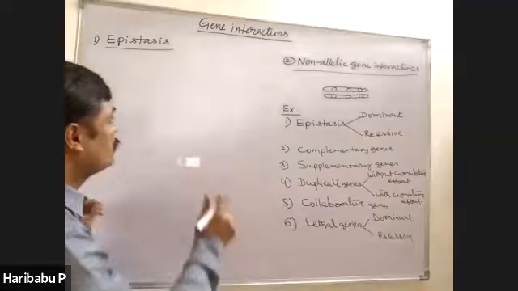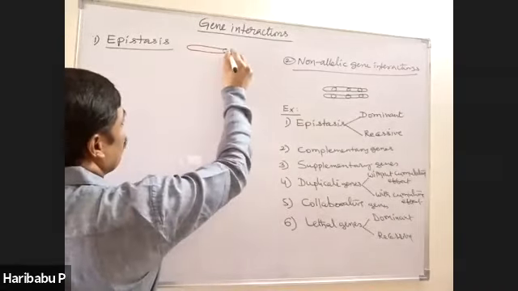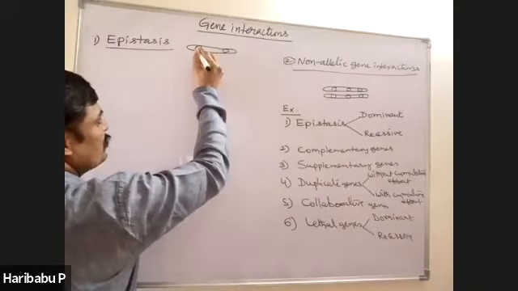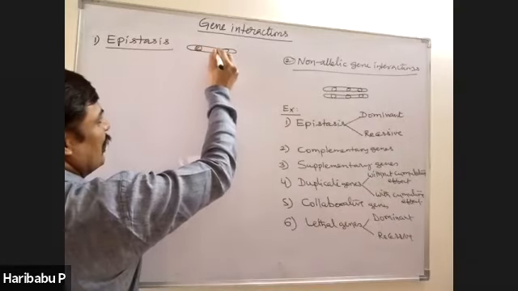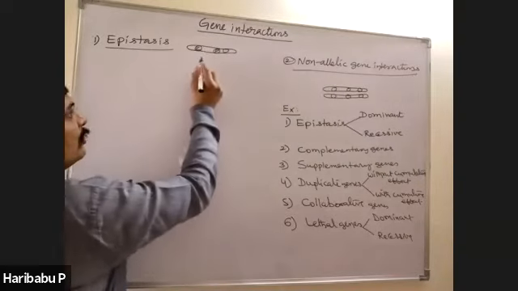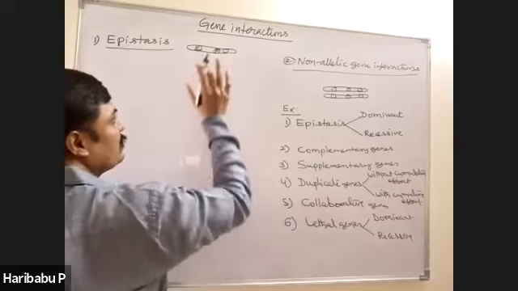I repeat. For example, see here, this is the chromosome. This is one locus. Here one gene is present. This is another locus. Here another gene is there. So two different genes at two different loci, right?